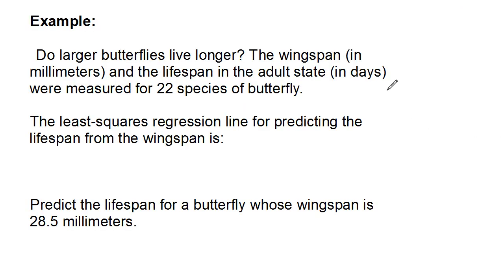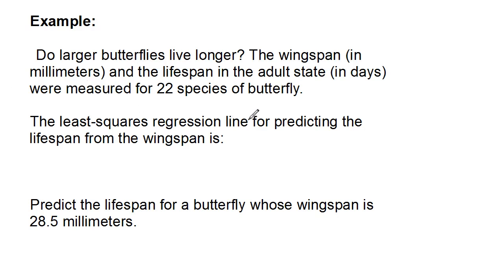Let's look at another example. And this says, do larger butterflies live longer? The wingspan in millimeters and the lifespan in the adult state in days were measured for 22 species of butterfly.